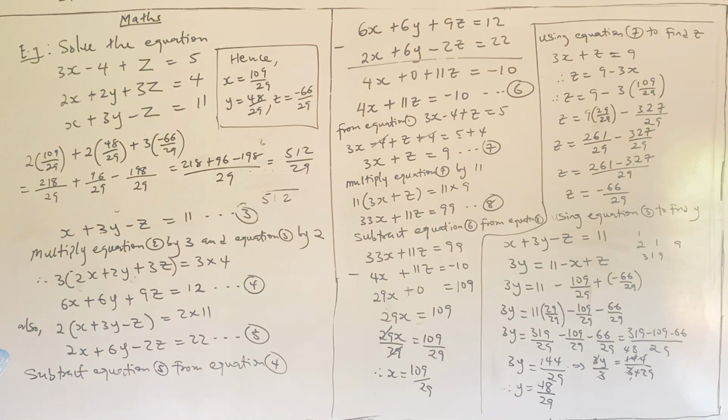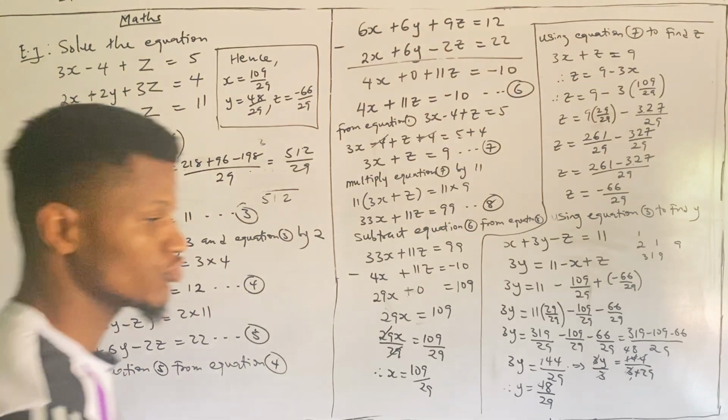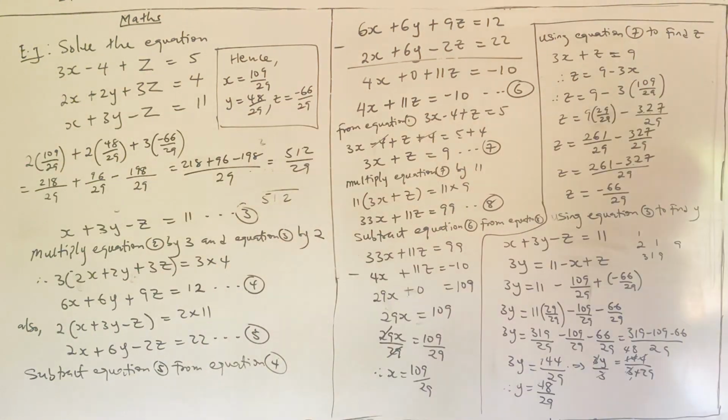So if we add them, we are left with 218 plus 96 and plus 198 is 5112 divided by 29. We're supposed to, maybe I'm coming, let me confirm some stuff.